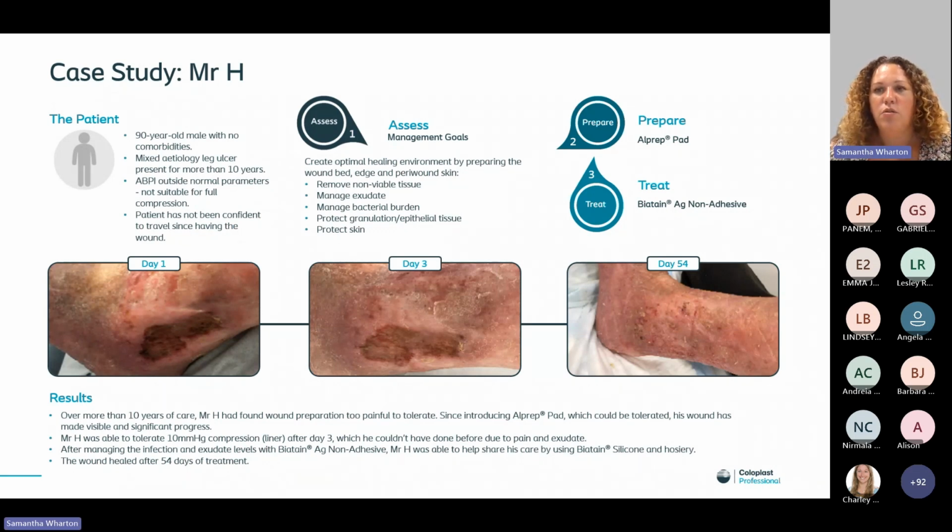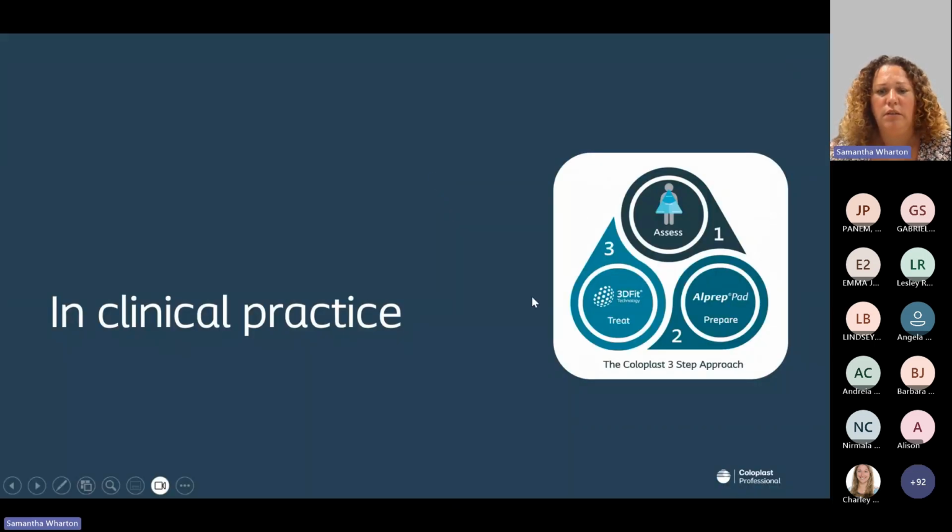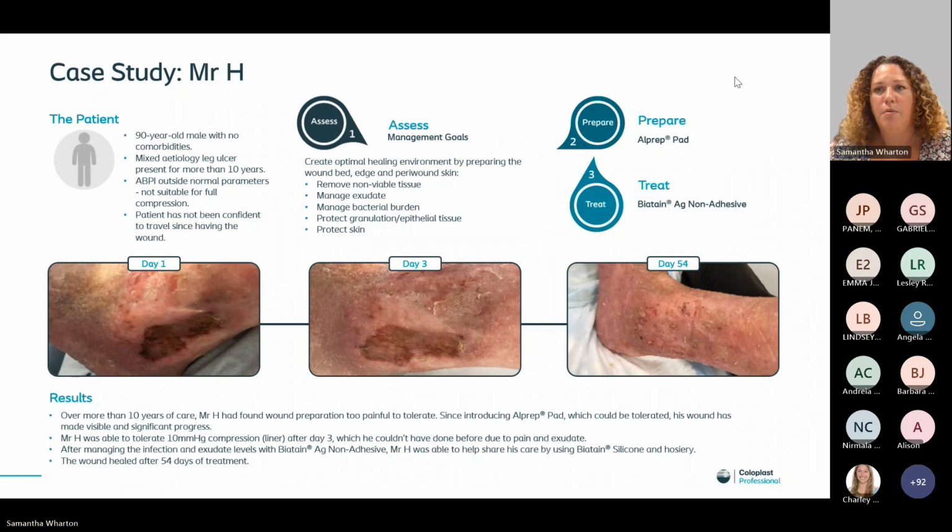Then we went on to the prepare stage, and that was carried out using the all prep pad. And then for the treatment, he had Biatain AG non-adhesive. So when you look at those 3 pictures, you can see on day 1 that the wound's not looking healthy.